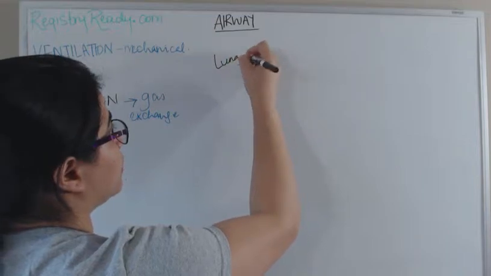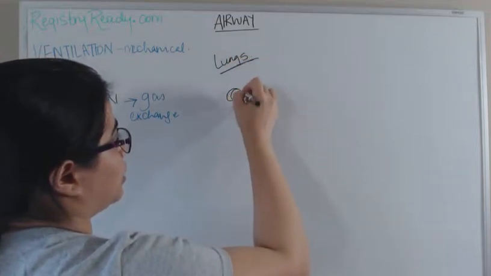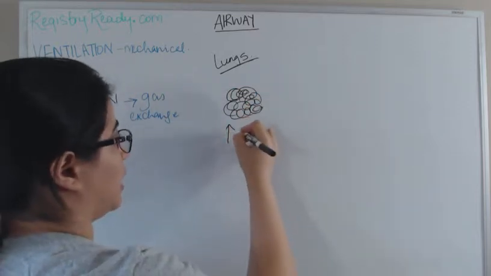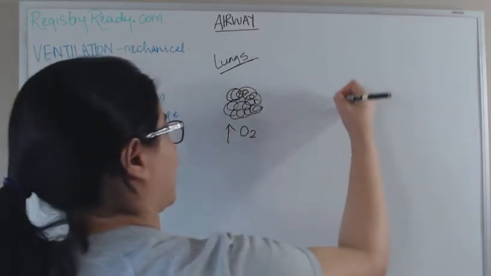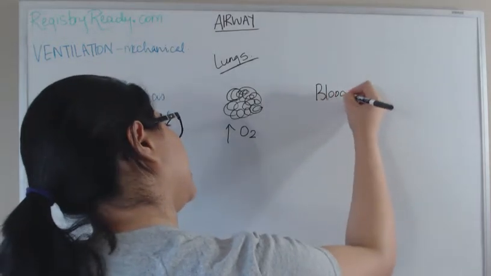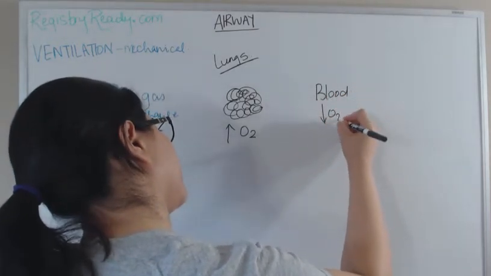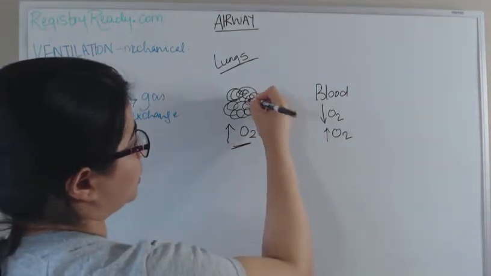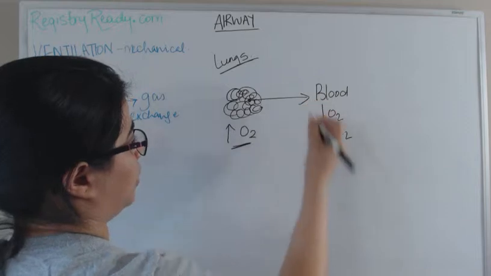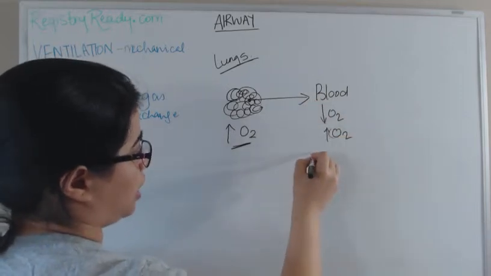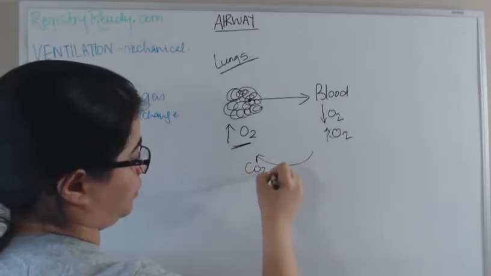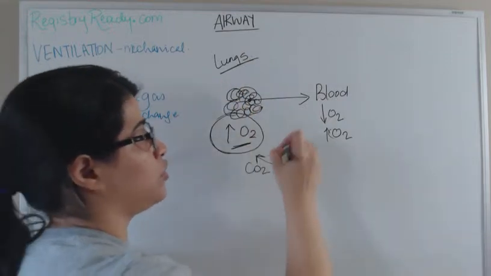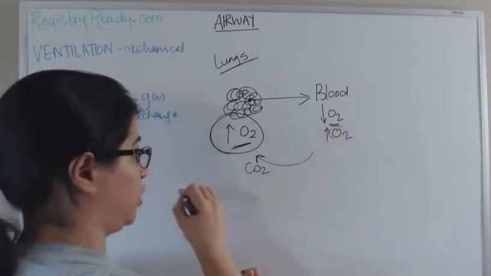So in the lungs, we know that the alveolar sac membrane contains a high level of oxygen, whereas the blood which is coming contains a low level of oxygen and a high level of carbon dioxide. High oxygen goes from this level into the blood and takes up carbon dioxide in return. So this is diffusion, when it goes from a level of high concentration to a level of low concentration.